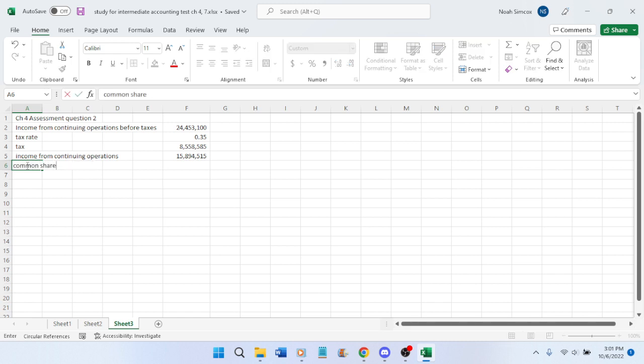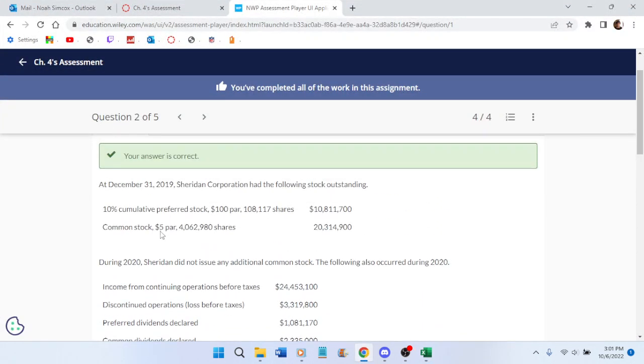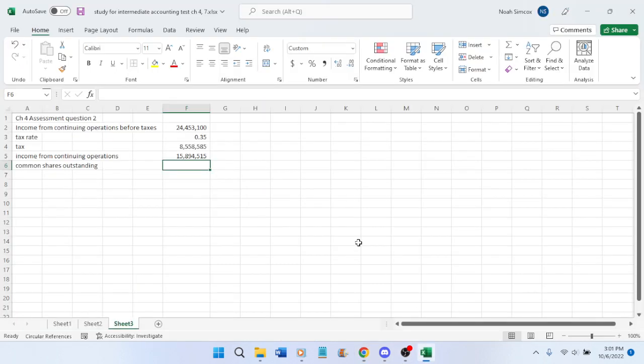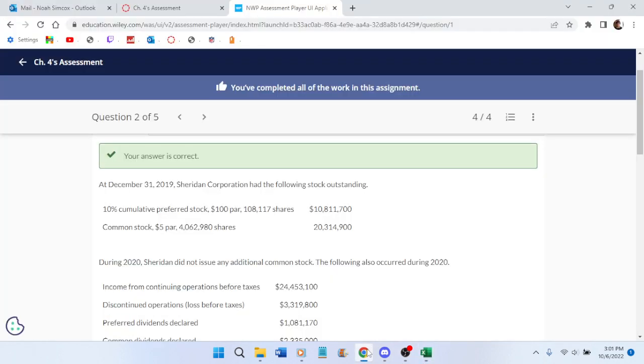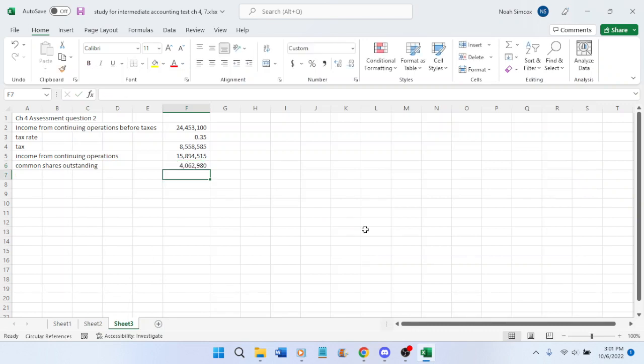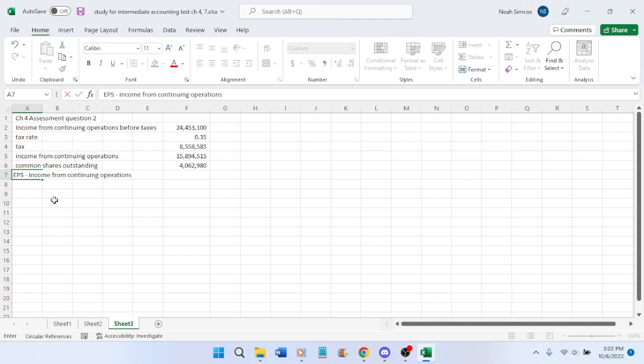Common shares outstanding, 4062 980. EPS, so this is going to be equal to net income divided by this, and there you go.